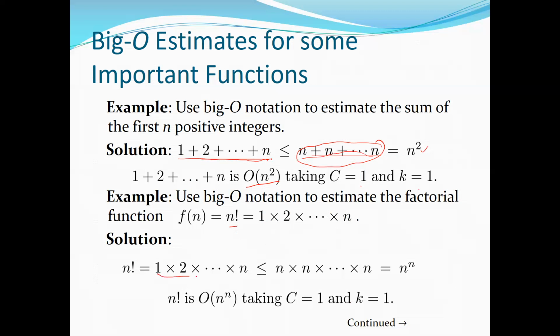All the numbers n minus 1, n minus 2 are less than n. So we can simply establish the inequality n into n into n up to n. This is nothing but n to the power of n. So that means n factorial is big O of n to the power of n for c equal to 1 and k equal to 1. All right.